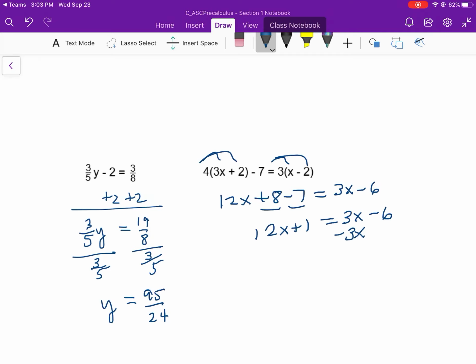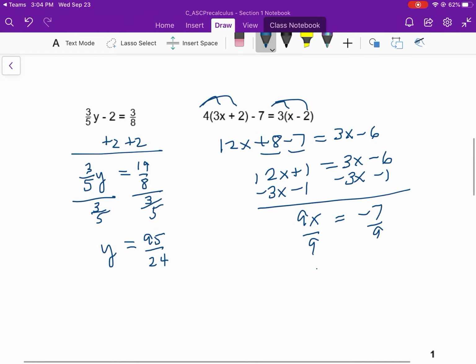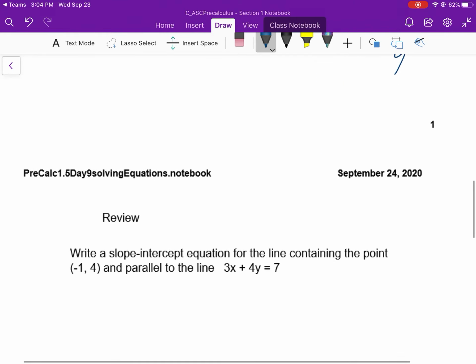So I'm going to subtract 3x from both sides, and then I'm going to subtract 1 from both sides. Do that all in one step because it's getting late in the day and I'm lazy. So 12 minus 3 is 9x equals negative 7. So divide by 9, x equals negative 7/9. Okay, so that was easy enough.